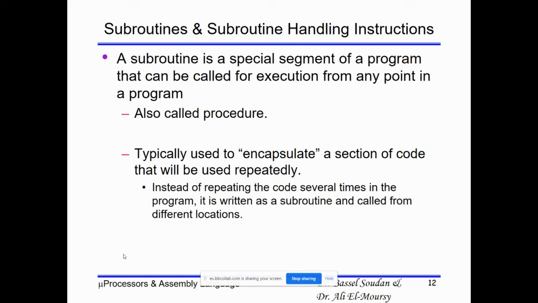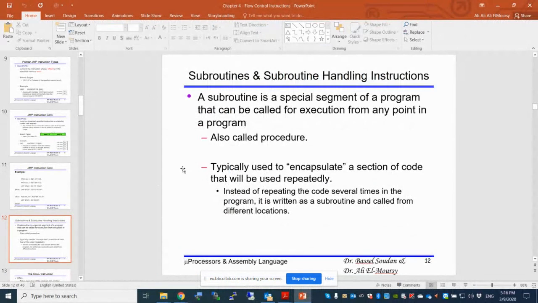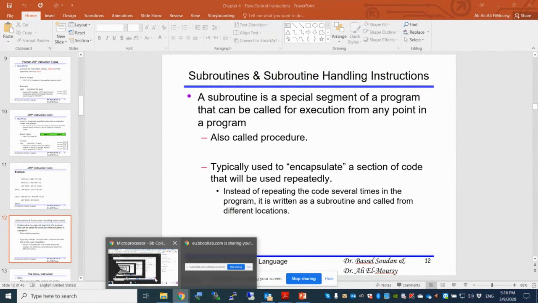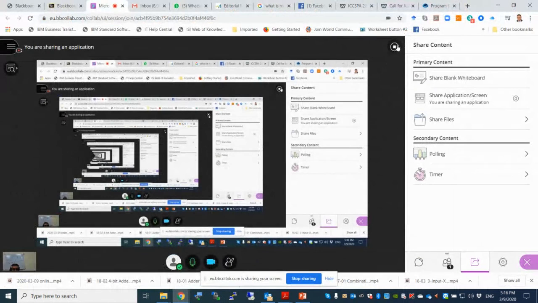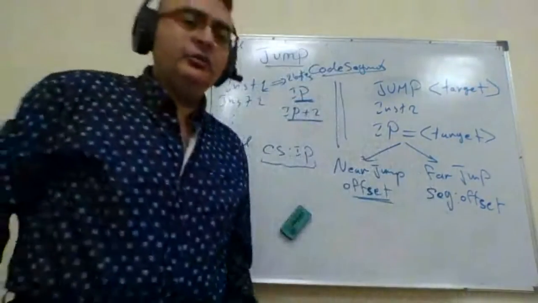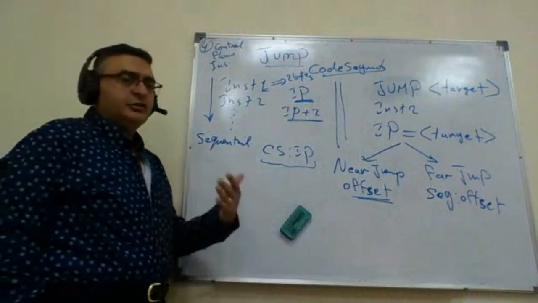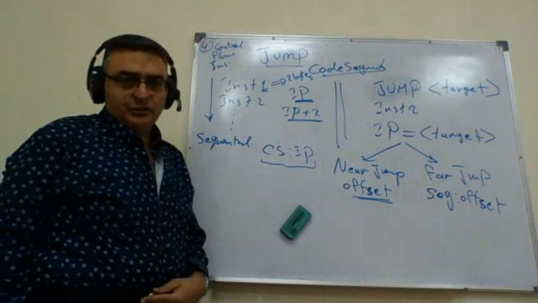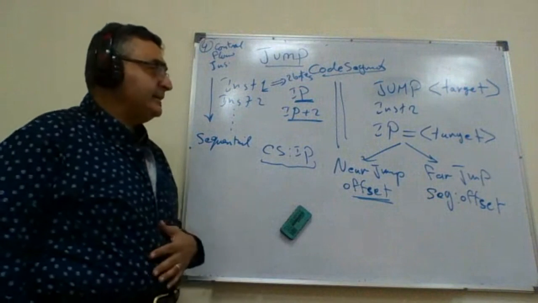Okay, I prefer to stop here. We have covered the jump instructions. Our next lecture, inshallah, will be to discuss the subroutine, the call and return from subroutine, which is a more advanced version of the jump instruction, but it uses the exact same concept.